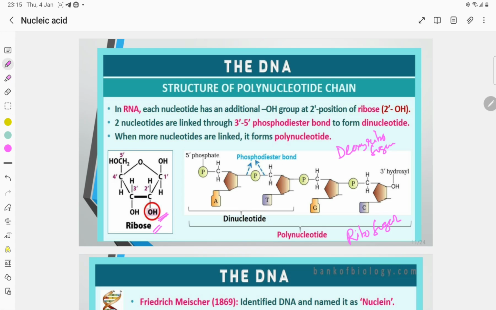Are you getting the point? But in RNA, each nucleotide has an additional OH group at the 2 position. In DNA there is no OH group, but in RNA there is an OH group.